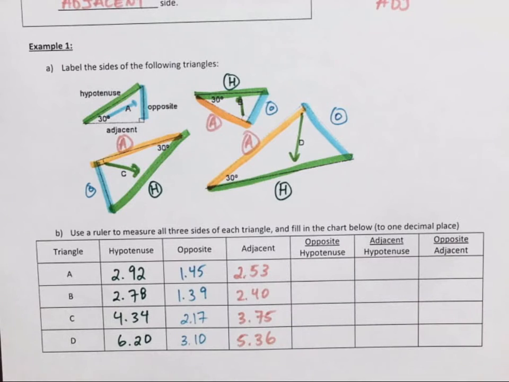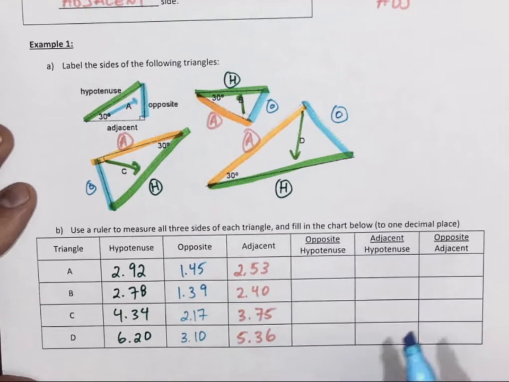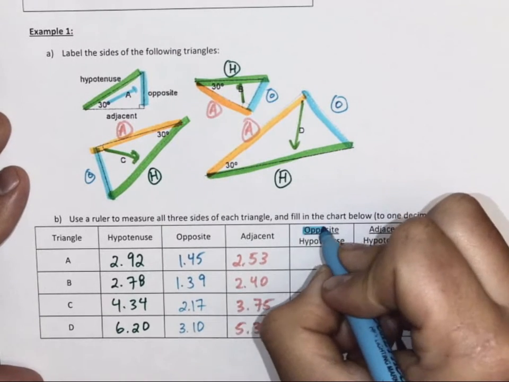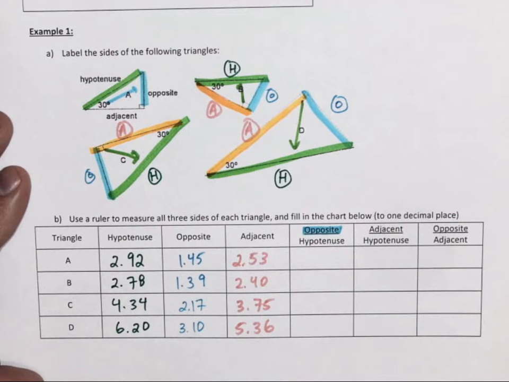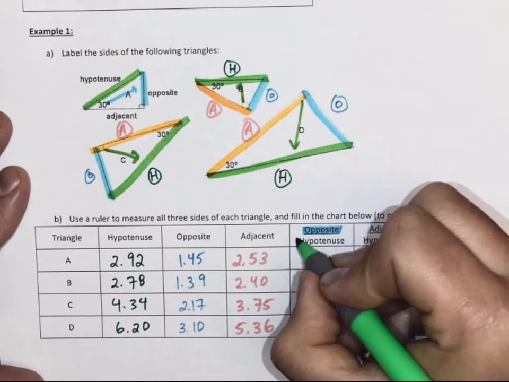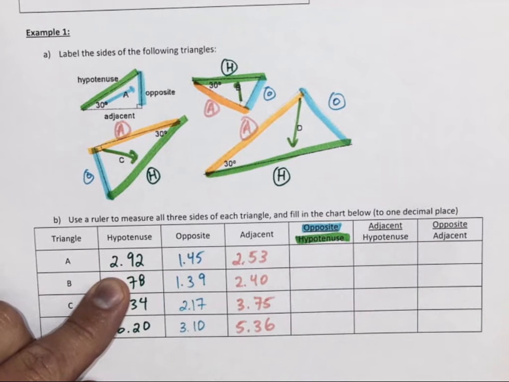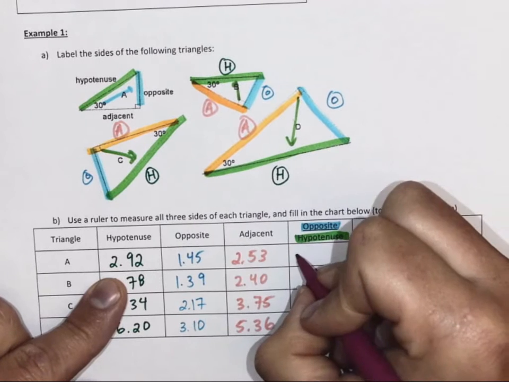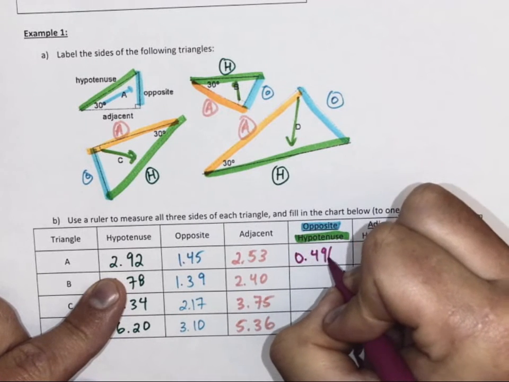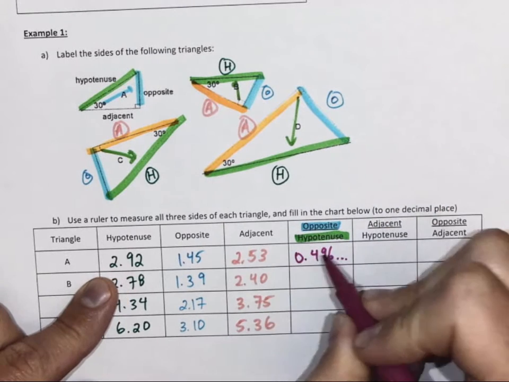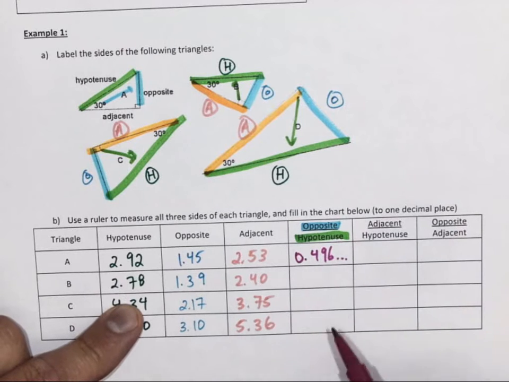Now, if I take the ratio and I divide the opposite side of each triangle by the hypotenuse of that same triangle, I get some numbers. And I've already calculated some of them. So 0.496, and it goes on. 0.496, so let's go 2 decimal places, 0.50.